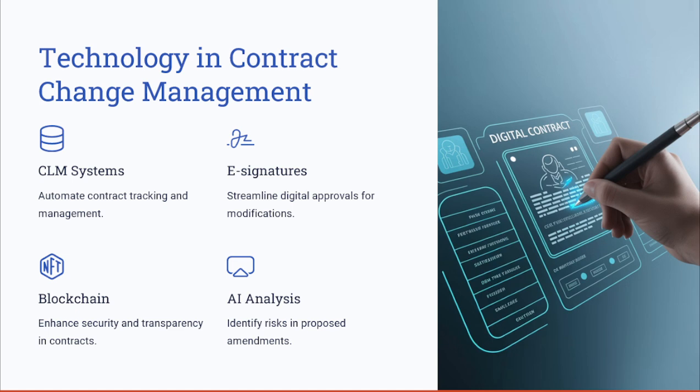AI-driven contract analysis identifies the risk areas in any proposed amendments. So these digital tools enhance procurement and contract management by improving efficiency, security, and compliance. AI, blockchain, and automated contract tracking systems help to streamline the modifications and also minimize the risks.